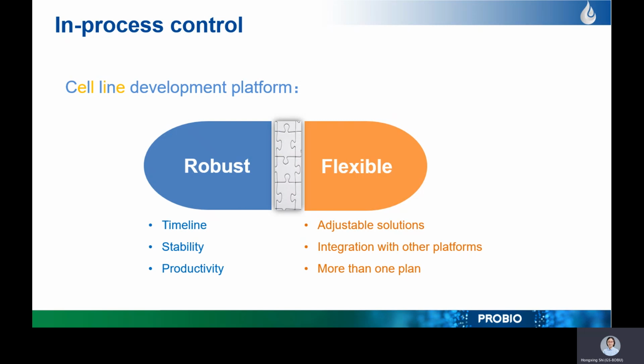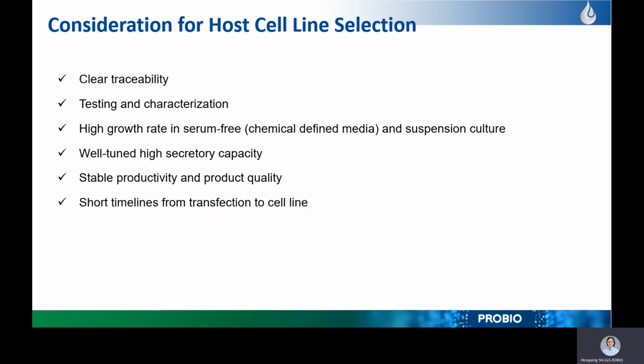For example, in the process of project development, there will be a need for providing materials quickly for the purpose of process development or quality analysis. This need can occur in the transfection stage, in the pool screening stage, or the clone screening stage. Another aspect of flexibility is that through the experience database, the results can be prejudged in advance within the controllable risk range, thereby accelerating the development.